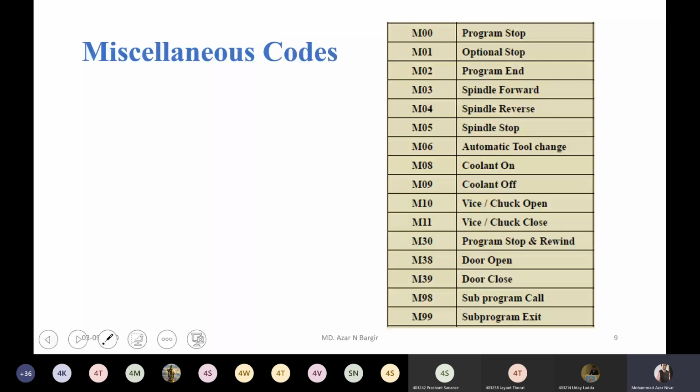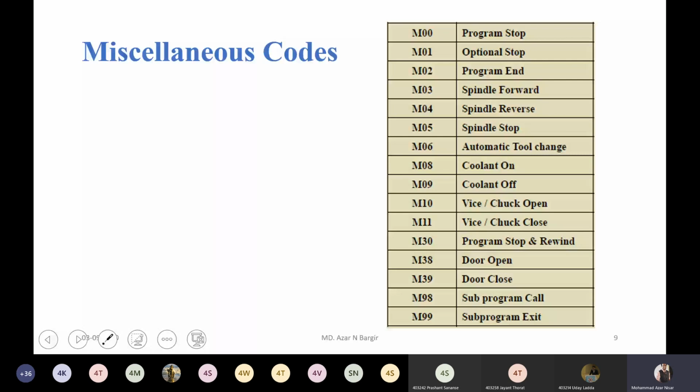Then M03 is used for spindle start in forward direction, that is clockwise, and M04 is for the anti-clockwise or counterclockwise direction. Then M05 is used when you want to stop your spindle.